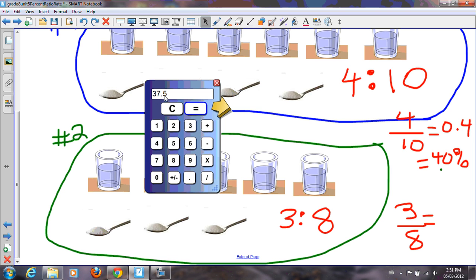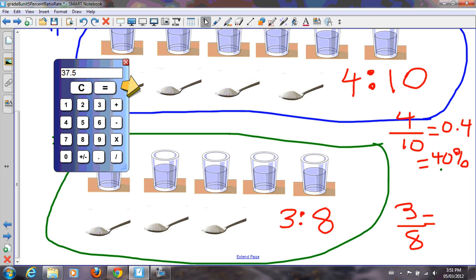So 37.5%, or we could even round it up to 38%, just to be generous. So it's 38%. So which one has the higher concentration of sugar? Well, this one only has 38%, whereas the one up top has 40% of the sugar.